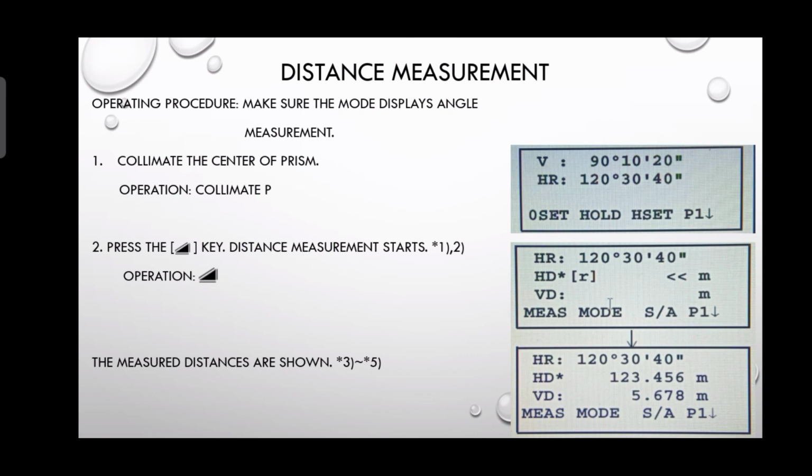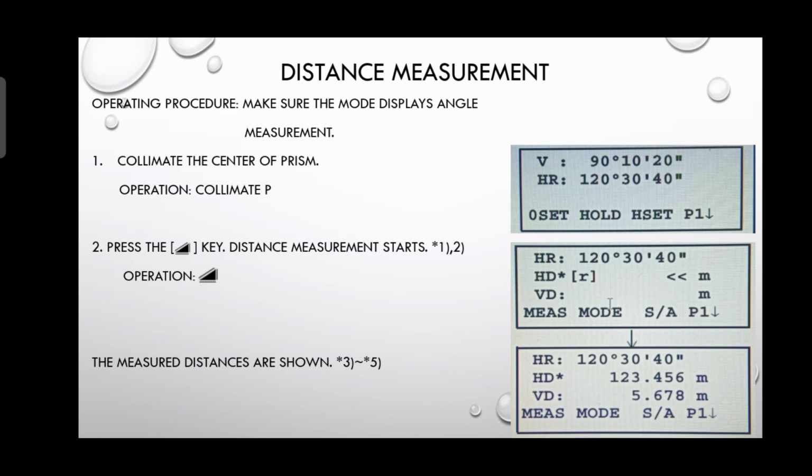The operation is collimate P. The first display will be at the first picture. Second step is press the triangle key, distance measurement, and start. Measurement start. The operation key is the triangle.